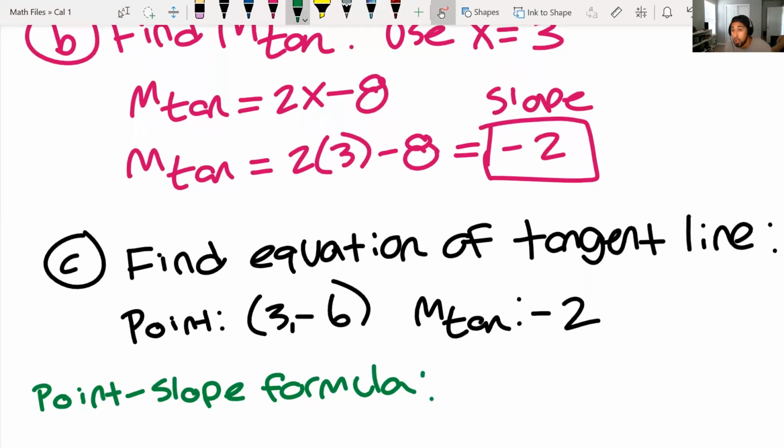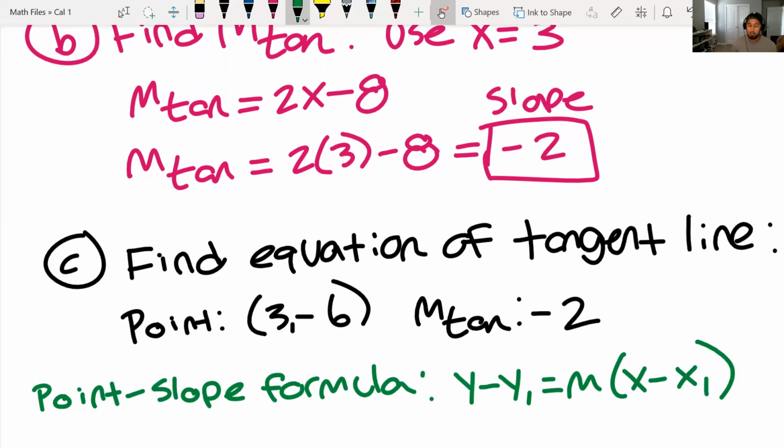This formula helps us find the equation of any line given a point and a slope. It's in the name. For point slope formula, it is y minus y1 equals m, the slope, times x minus x1, where you plug in an x value and a y value for x1 and y1, and a slope. We have all of those right above.